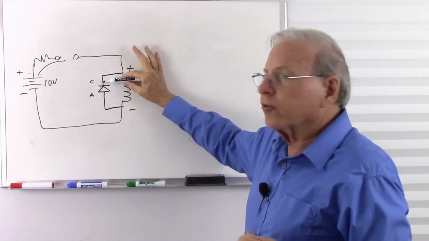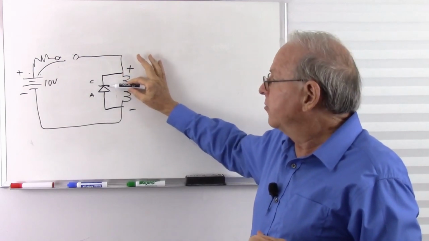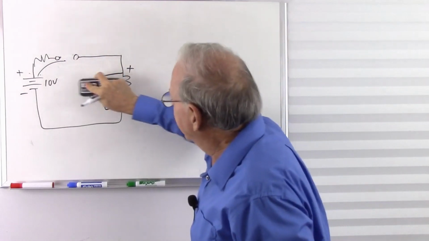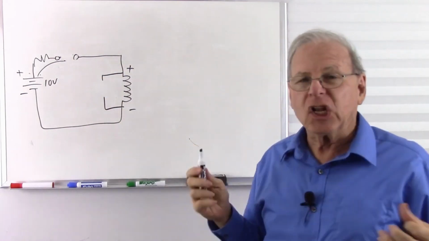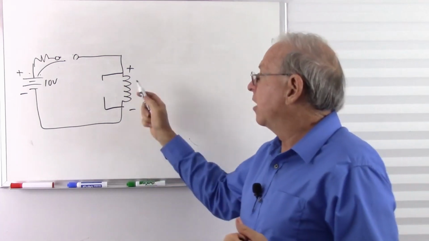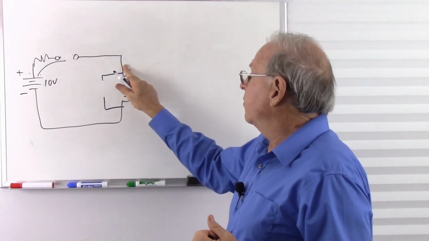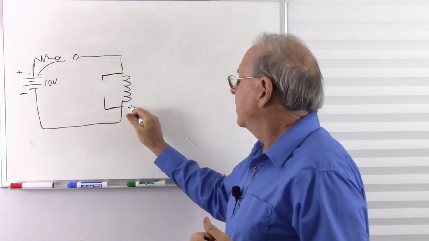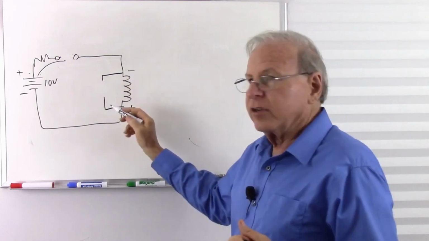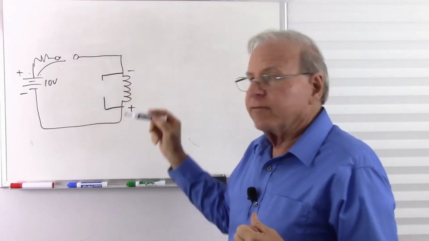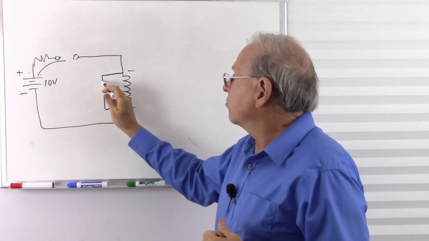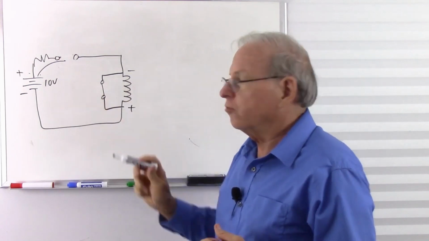When the cathode is more positive than the anode, this diode looks like that. It looks like an open switch. Current does not flow. But when we reverse that, positive to the anode, negative to the cathode, now it looks like a closed switch.